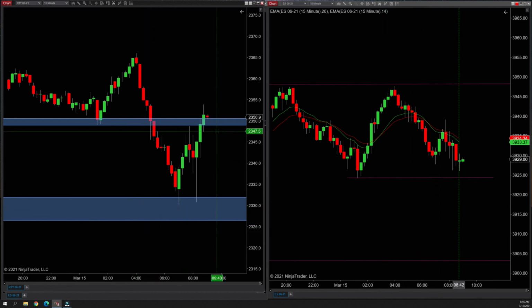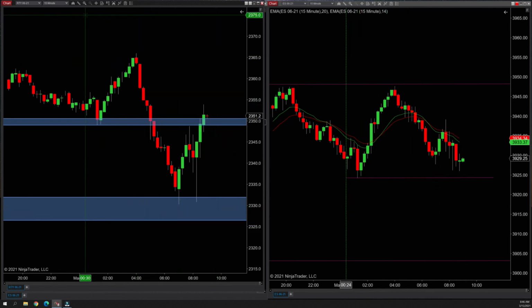Strength coming into the Russell. I suspect action's going to break through this area and come up.